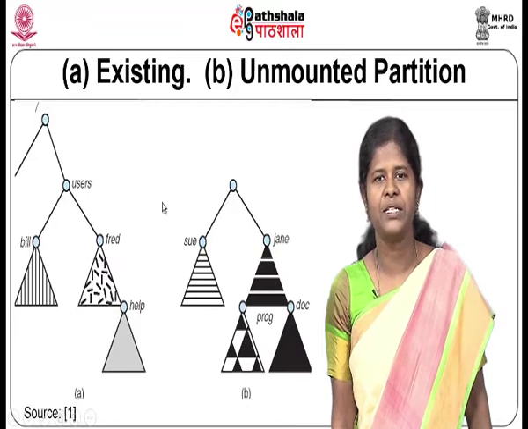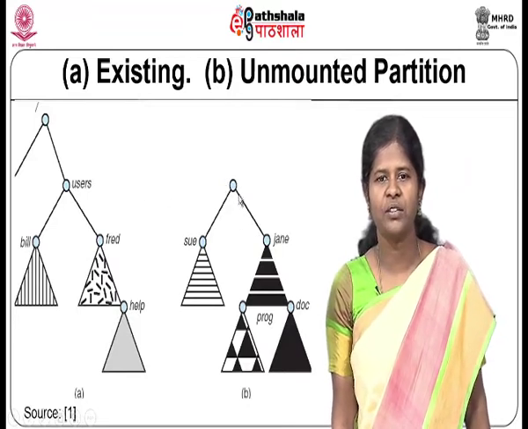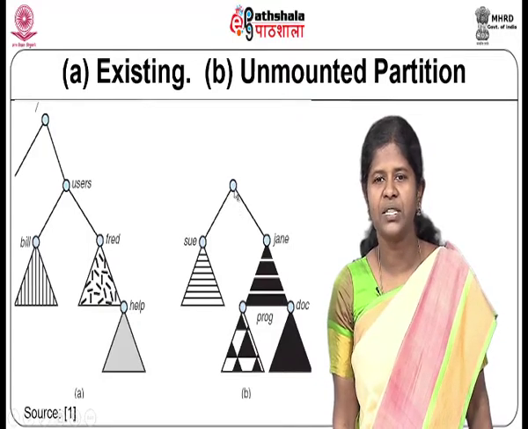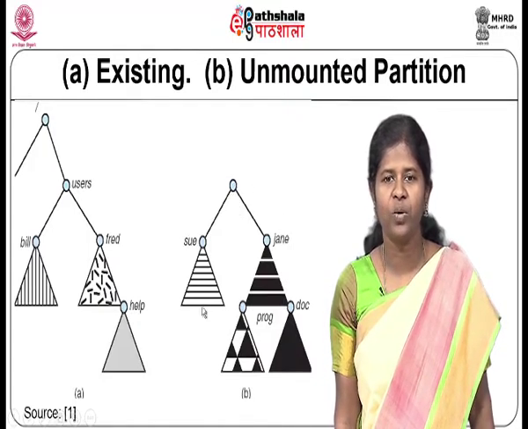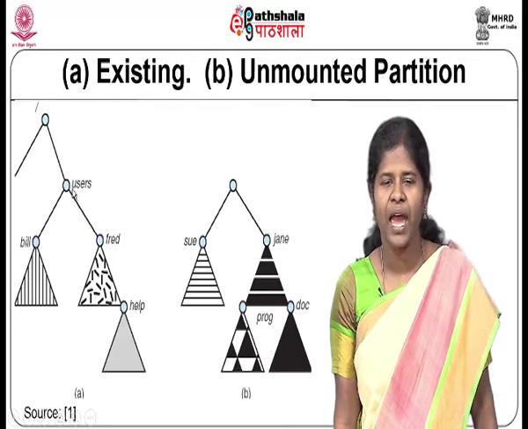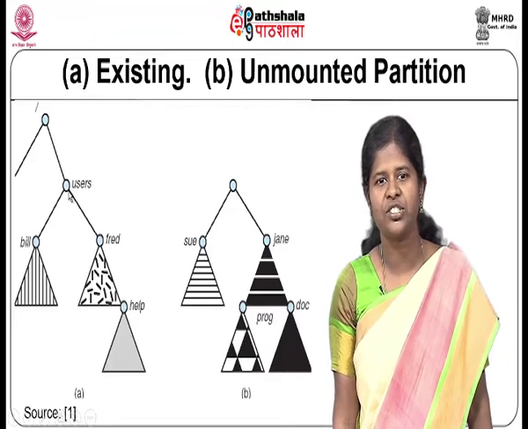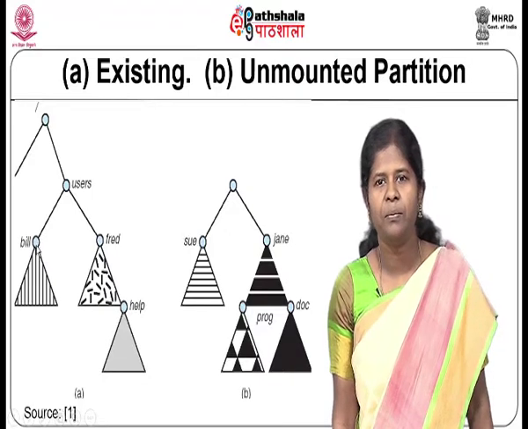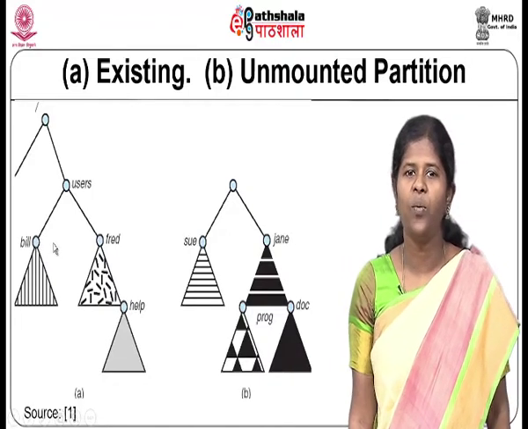Now, after this mounting is done, the root directory in this new file system will be attached to this users directory, and thereafter the subdirectories of this users directory will not be seen, or will be hidden.